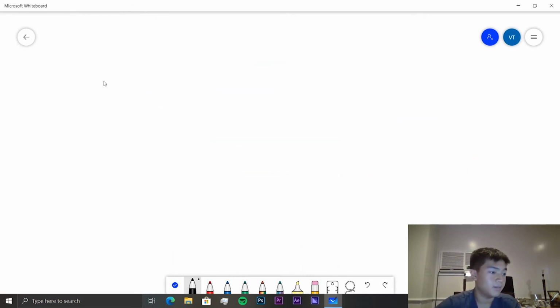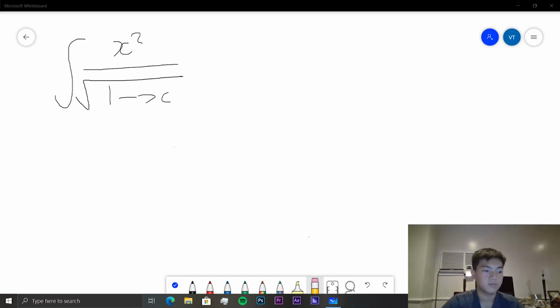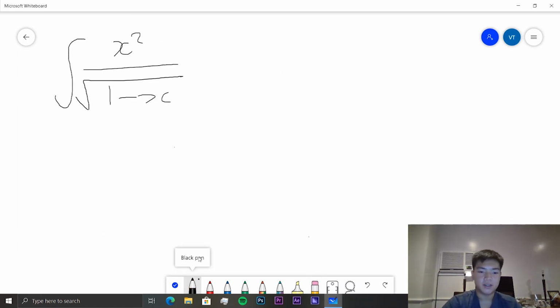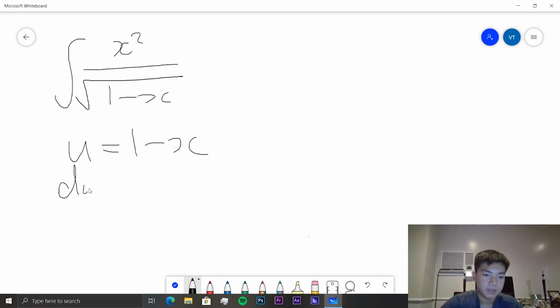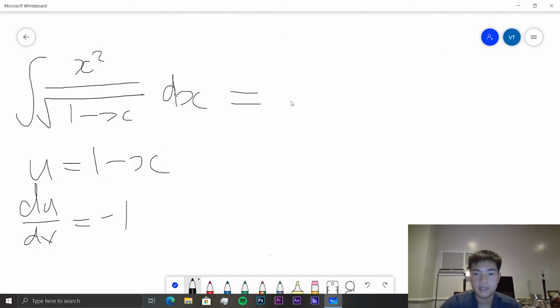We have the integral of x squared over the square root of 1 minus x dx. Okay, so we actually have to do this the hard way. So u is equal to 1 minus x, so du over dx, of course, is negative 1. So this is equal to the integral of negative x squared over u to the 1/2 du.